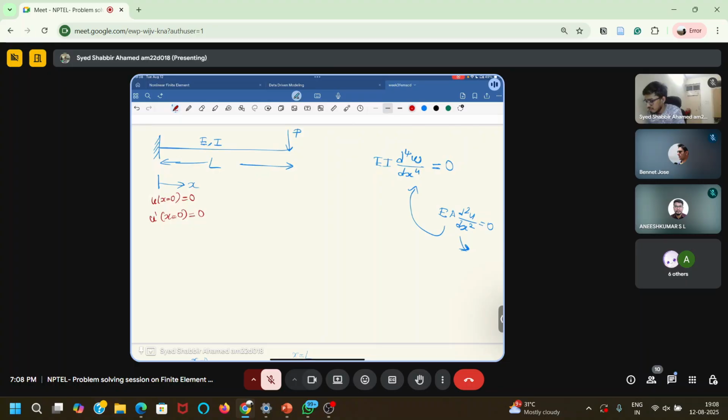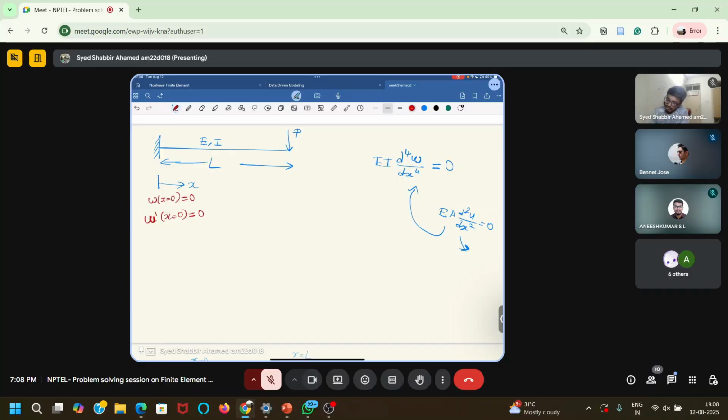So u dash at 0 is equal to 0. While solving a beam problem, u and u dash both are primary variables. In a bar only u is the primary variable. Here u and u dash both will be primary variables. Sorry, here we are taking w. So w of 0 will be 0, and w dash of 0 is equal to 0.